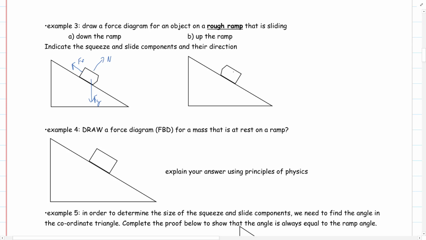And now if it's going up, then the friction has to be down. And then there still has to be a normal, and there still has to be a force of gravity. The force of gravity and the normal, if you just take a look, didn't change, just the direction of the friction did.